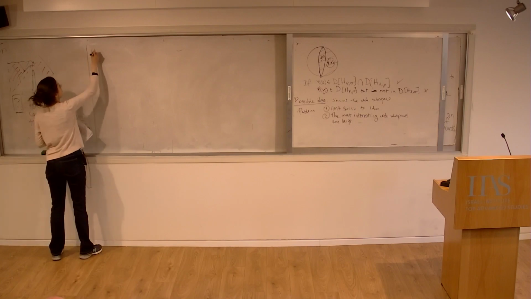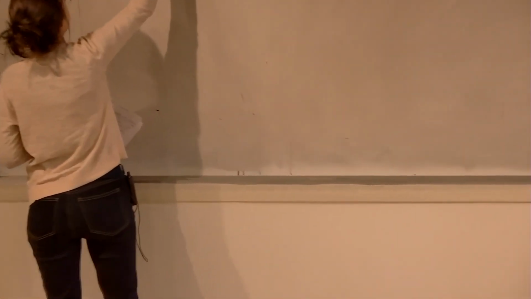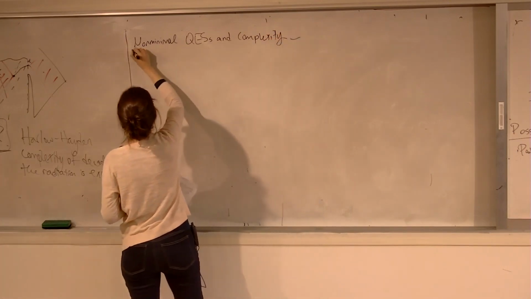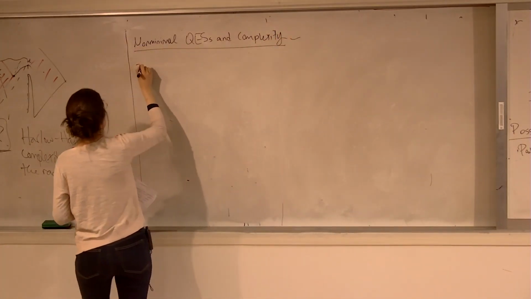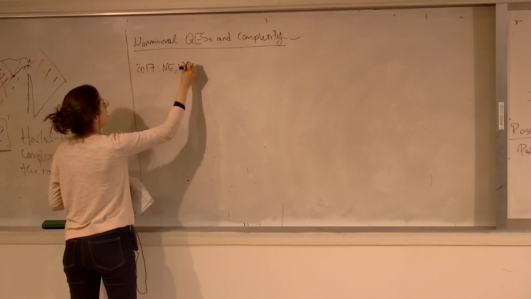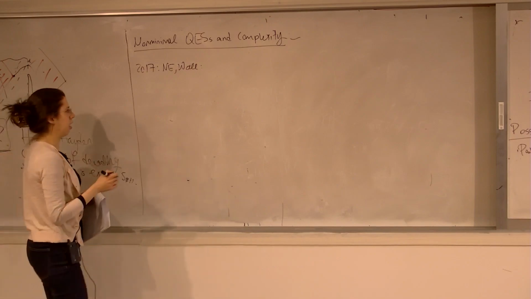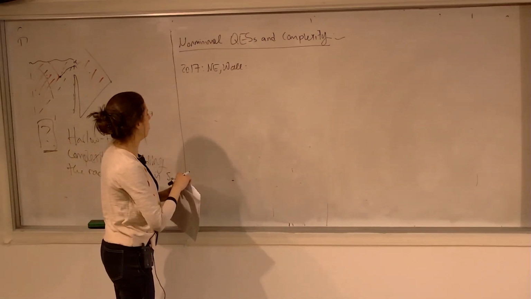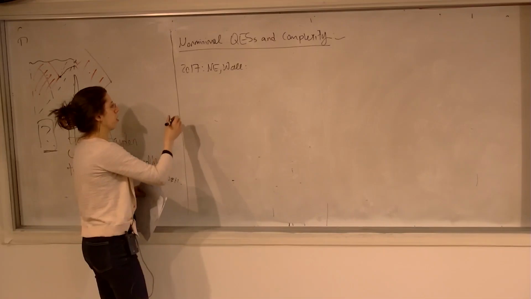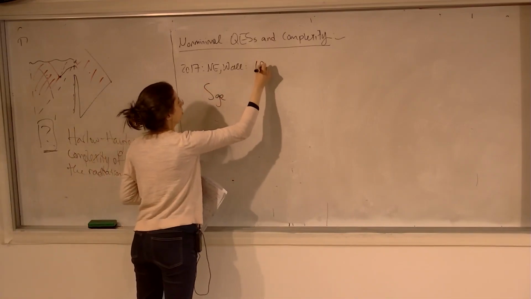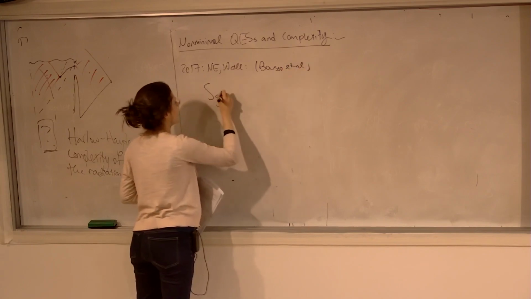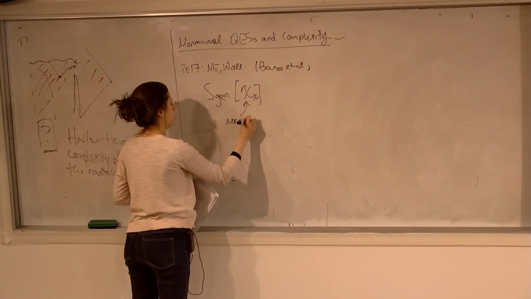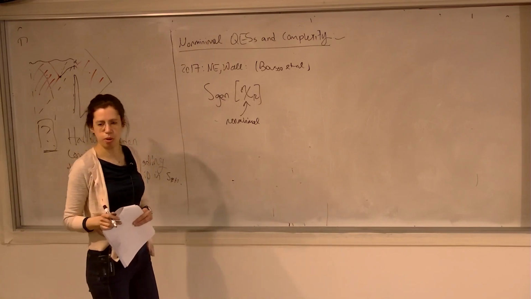So, non-minimal QESs and complexity. This story goes back to 2017, in a paper I wrote with Aaron Wall, where we proposed that the area of a non-minimal extremal surface, later generalized by Rafael Lusso and friends to quantum extremal surfaces, actually computes an important quantity in the CFT.